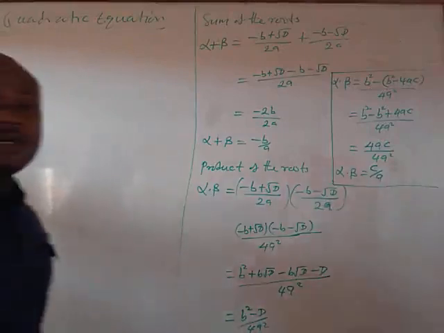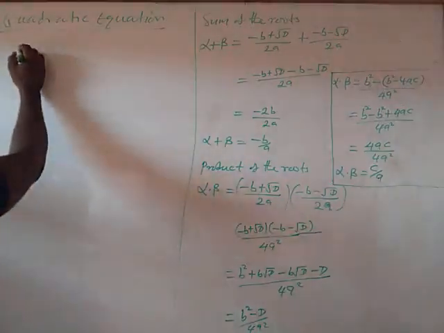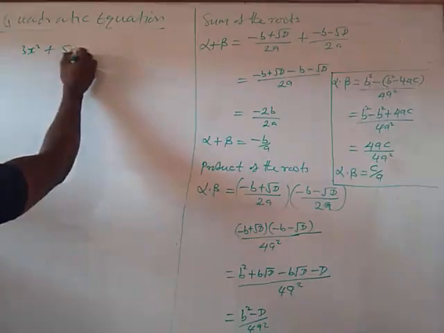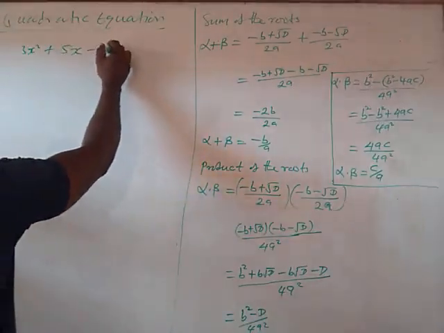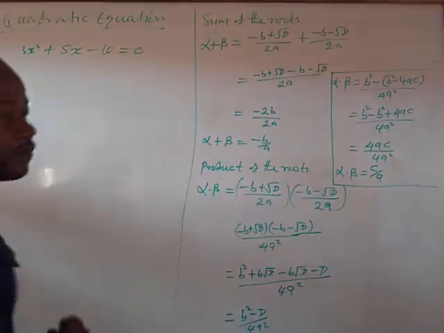Now, to look at the applications of this root, let us consider the equation 3x squared plus 5x minus 10 equal to 0.